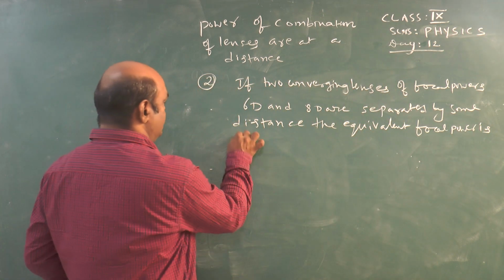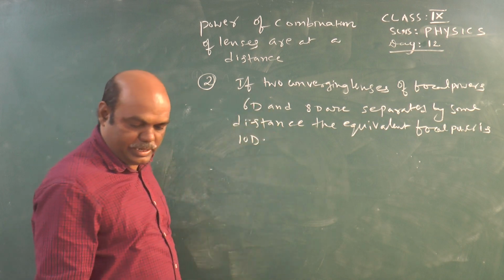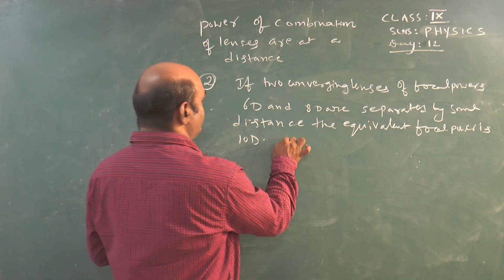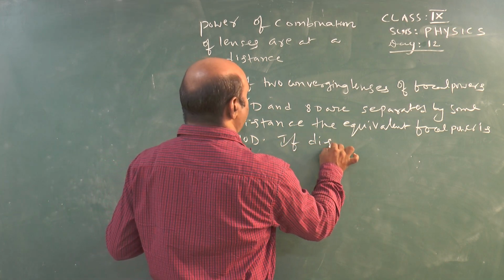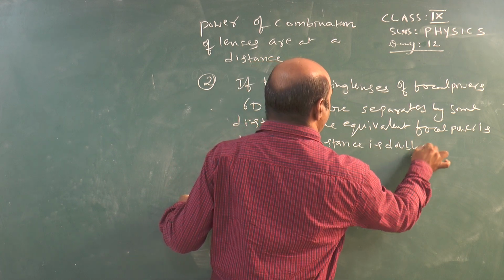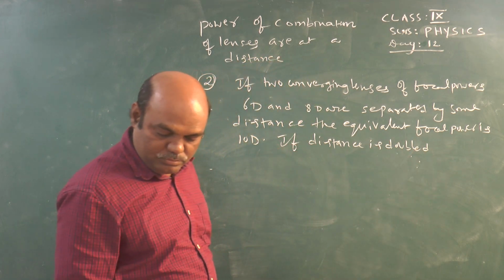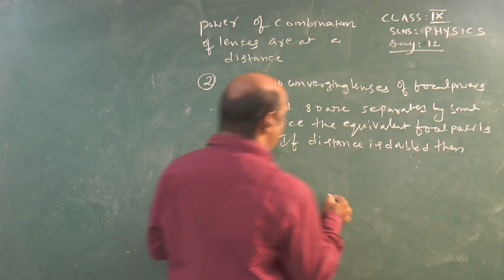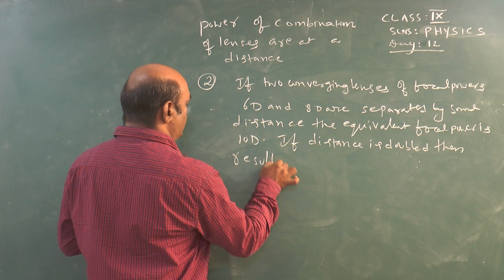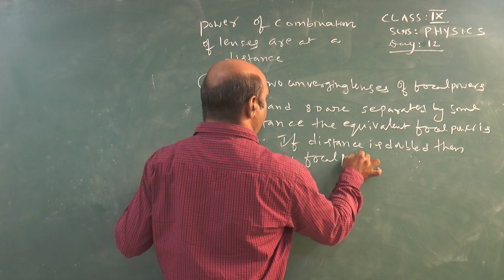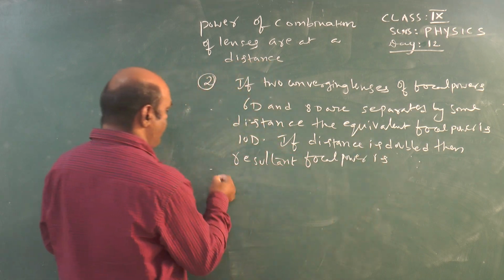If the distance is doubled, then the resultant focal power is.